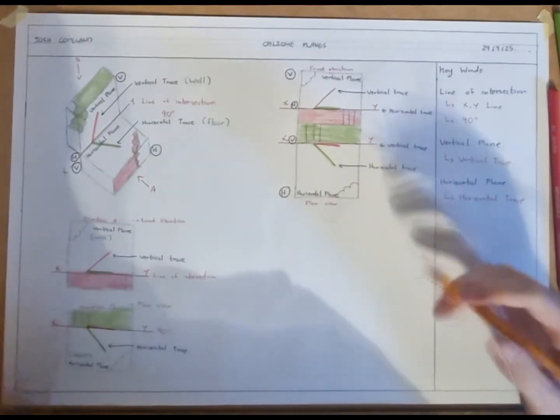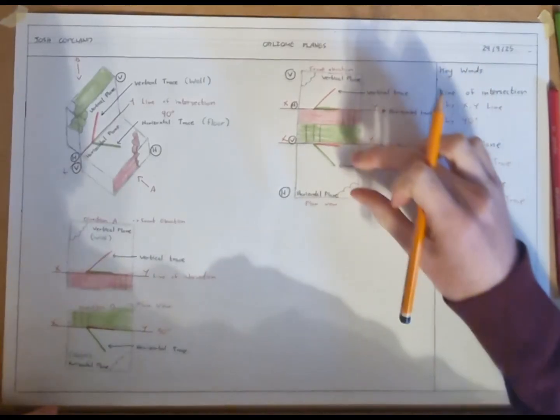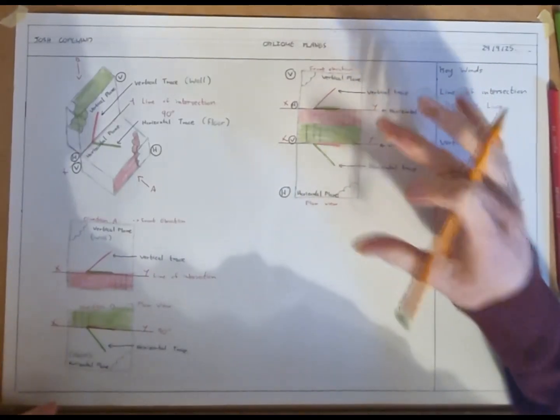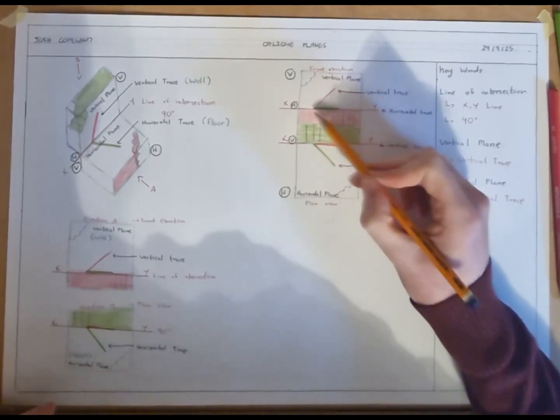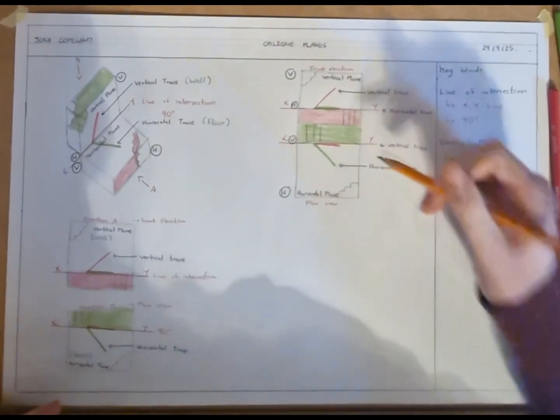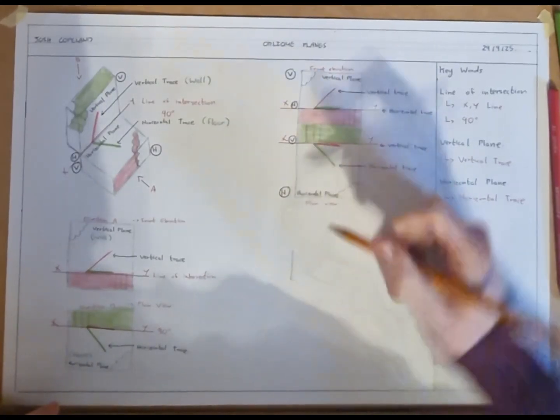The next thing we're going to do is take away the vertical plane and the horizontal plane, but we're still going to be left with our vertical trace and our horizontal trace as well. So, coming down, we're going to draw our rectangle.